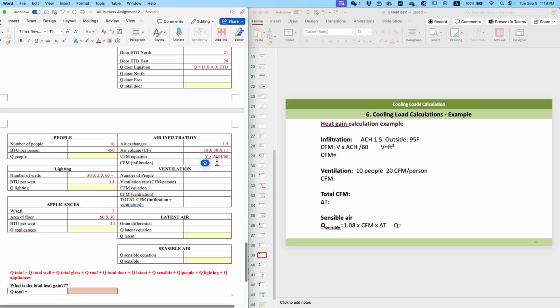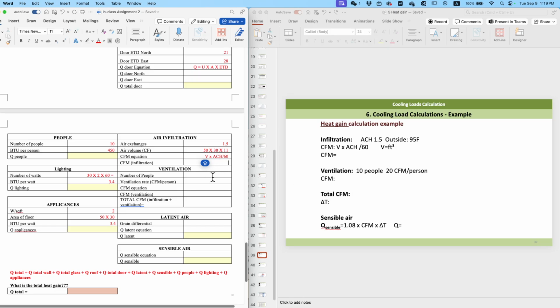And then you can calculate CFM for infiltration. So air exchange 1.5, and you got the cubic feet, V, right here. So that finishes infiltration CFM.